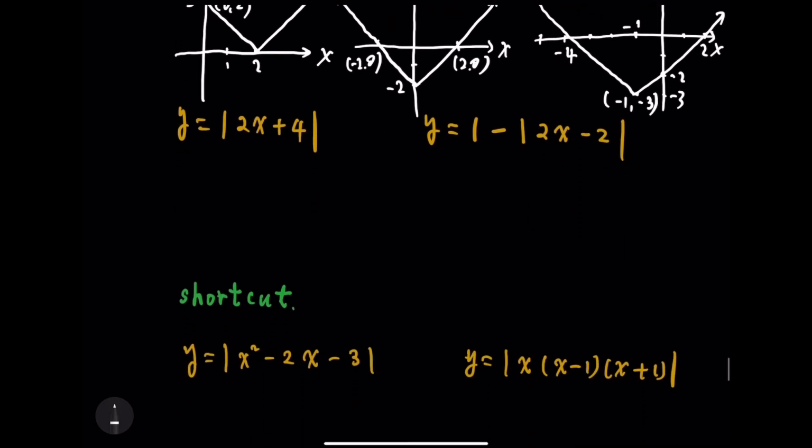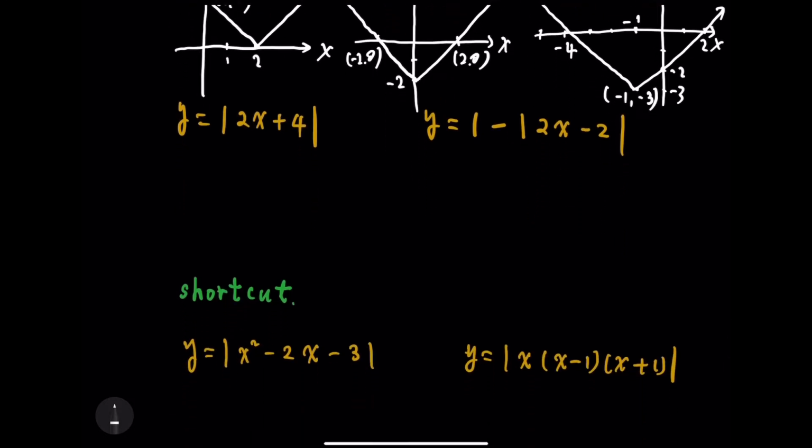Okay, next one, move on. So this time we have y equal to the absolute value of 2x plus 4. If it was just x plus 4, we're shifting to the left by 4 units. But this time it is 2x plus 4, so 2x is shifting to the left by 4. So 1x will be shifting to the left by 2.